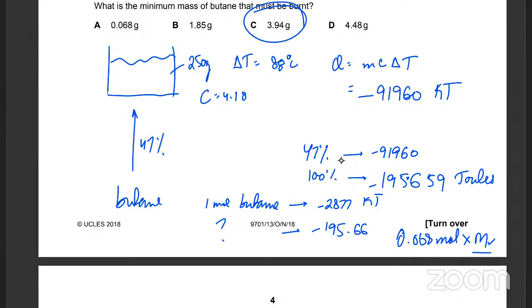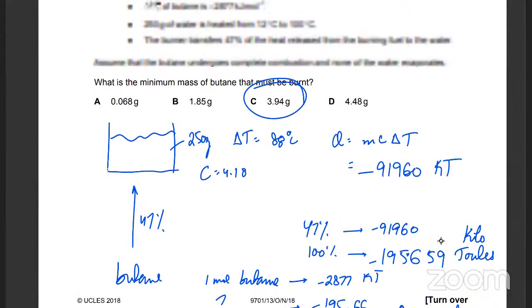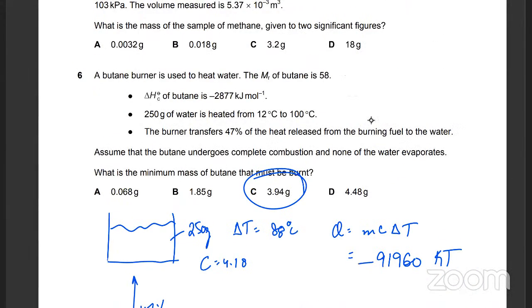So 100% of what's produced when you're burning butane, using ratios, came out to be minus 195.6 kilojoules. And then the enthalpy of combustion of butane was given. 1 mole of butane produces this much, so this much would be produced by how many moles? We found those moles and multiplied by the MR to figure out C. Is this question clear to everyone? Yes.